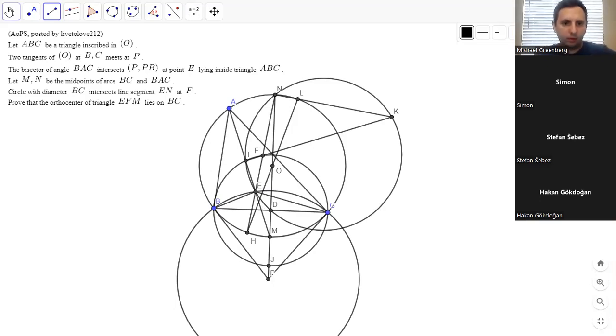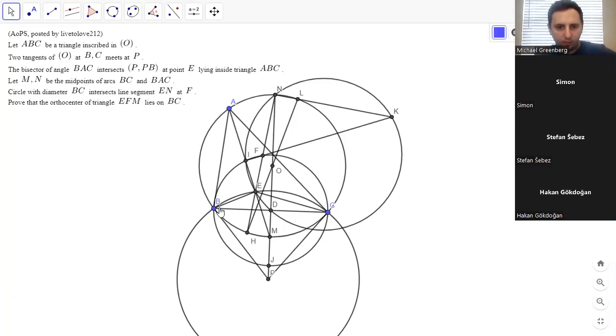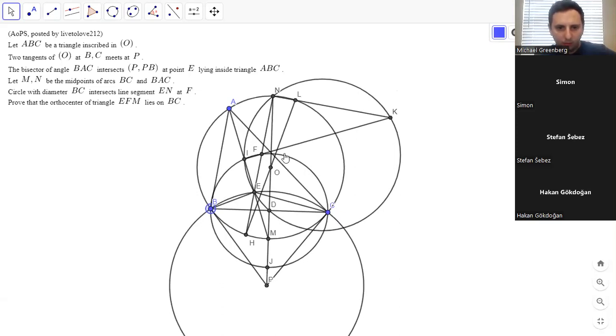Okay, hold on a sec. So OB and OC are tangents to the circle. And so EO, let's see. How does this work? EO is a symmedian, basically, because OB and OC are tangents, right?